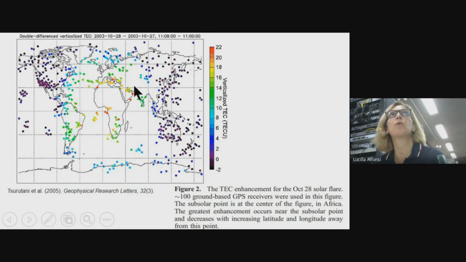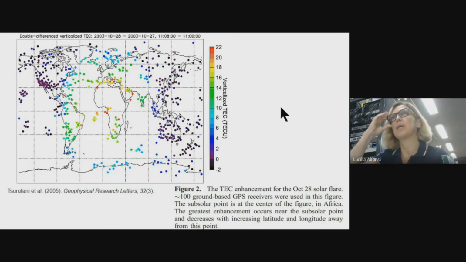The subsolar point is the illuminated region in which you have an enhancement of TEC that is very localized and very transient, because it happens about 8 minutes from the solar flare occurrence on the Sun, and it lasts, I think, a few minutes.